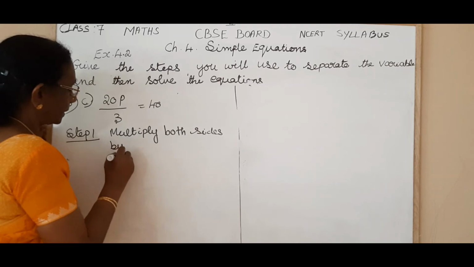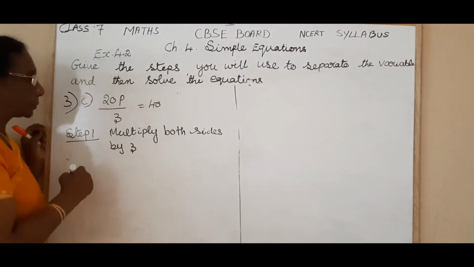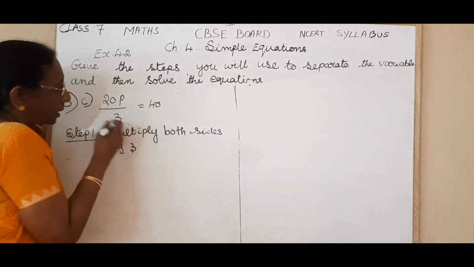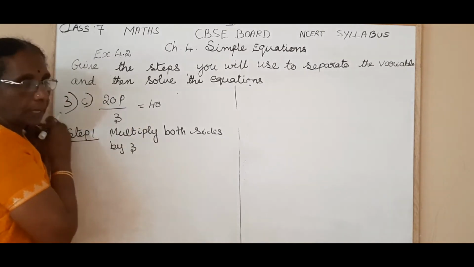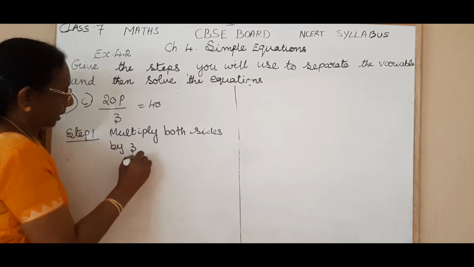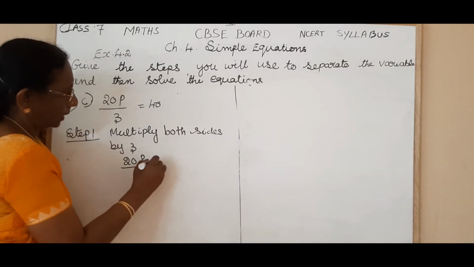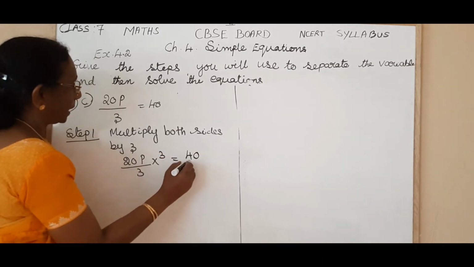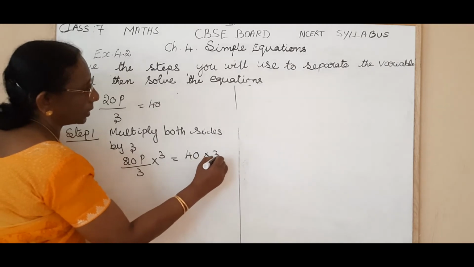Then only in the first step itself, this 3 will be eliminated. So what you get? 20p by 3 into 3 is equal to 40 into 3.